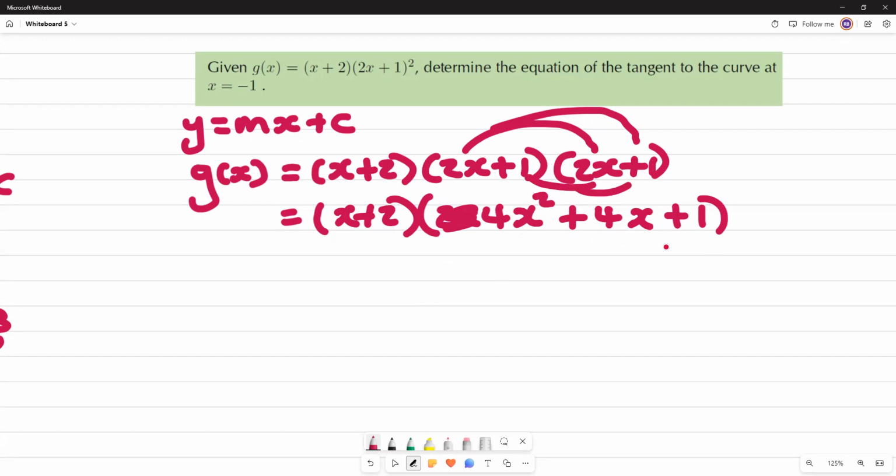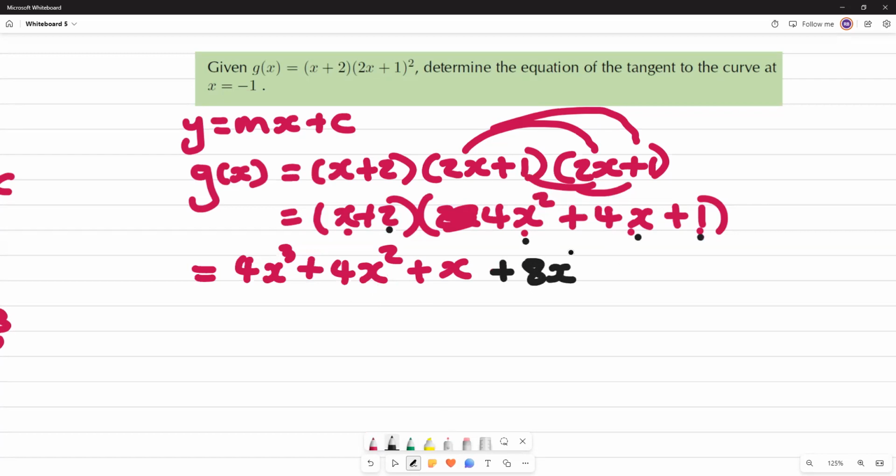Now let's multiply in this. This x is going to multiply each term there, so we're going to have 4x cubed plus 4x squared plus x. This 2 is going to multiply each term there, so we're going to have 8x squared plus 8x plus 2.